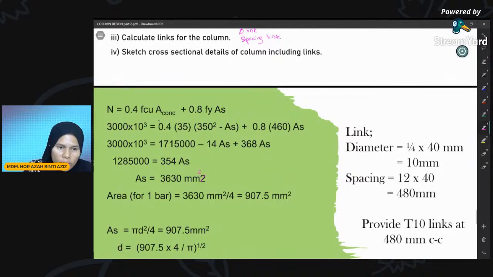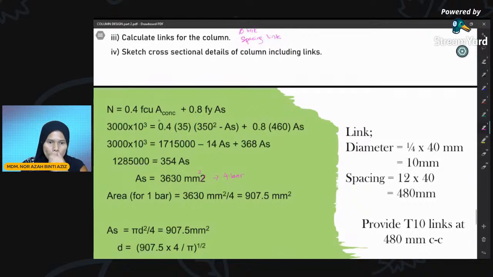3630 millimeter square is the total area, right? For how many bars? For 4 bars. So the area for 1 bar is 3630 divided by 4, we get 907.5 millimeter square.